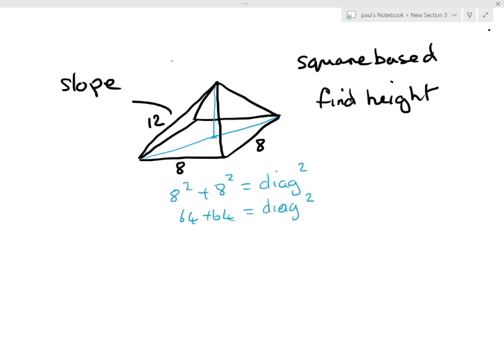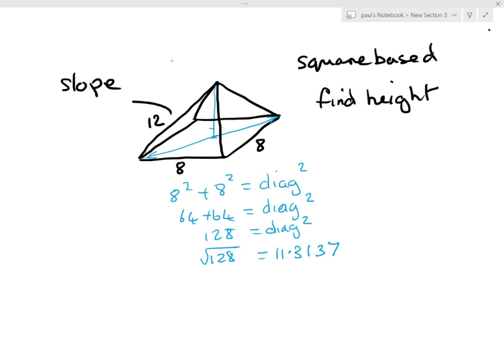So that's 128 equals the diag squared. So the square root of 128 is equal to, I'll just call it 11.31037. So this is all the way across the base.